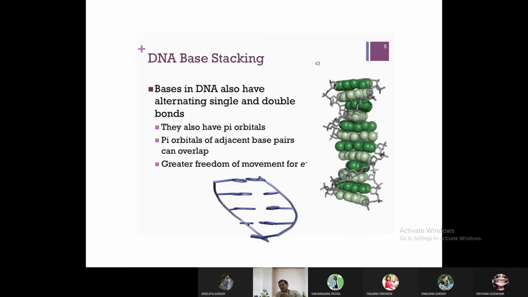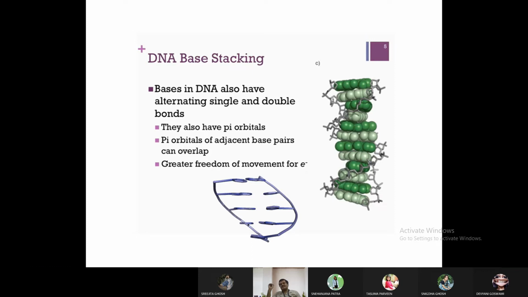Is it possible to get a twisted DNA structure like what we know? DNA could have been a simple ladder with two backbones going like this and bases like this. In Bengali we call it moi; in English it is a ladder. But we know that DNA is not like that. DNA is twisted. So how does this twisted nature come, taking into consideration that bases are stacked against each other?